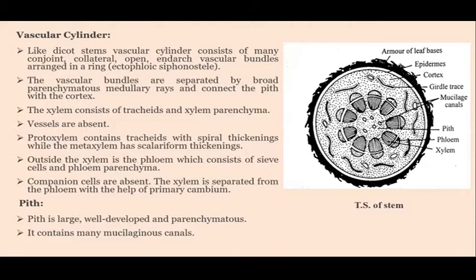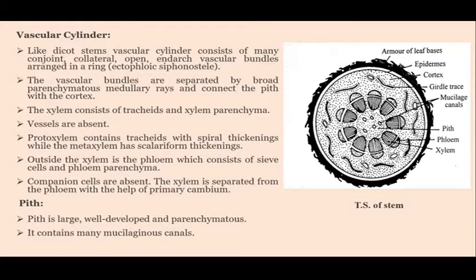The protoxylem tracheids have spiral thickening, while the metaxylem has scalariform thickening, as we have studied in the case of roots. Outside the xylem is the phloem, which consists of sieve cells and phloem parenchyma. Companion cells are absent. Xylem is separated from the phloem with the help of primary cambium.